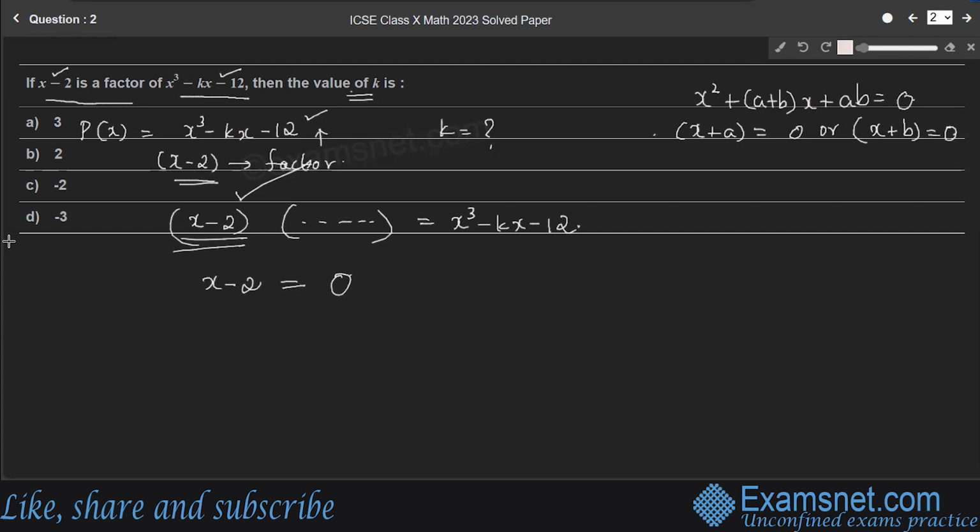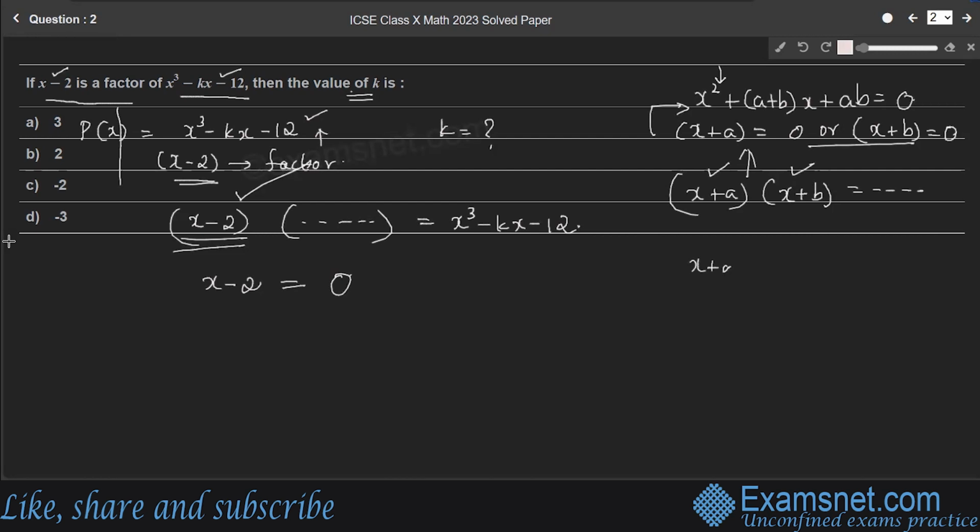The expression can be written as x plus a into x plus b, equal to x square plus a plus b into x plus ab.